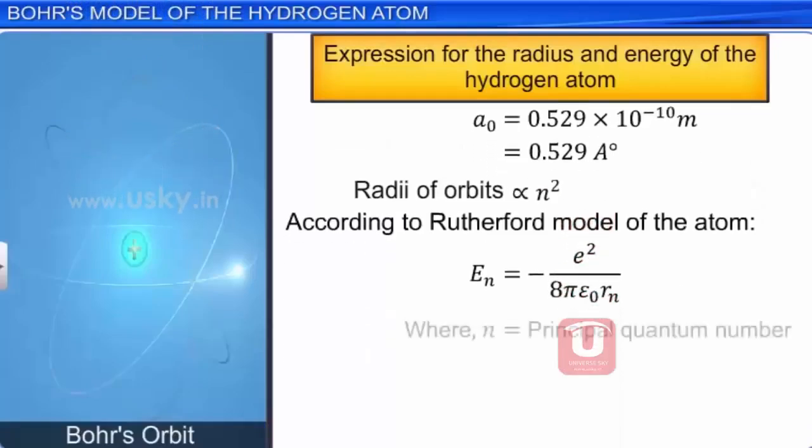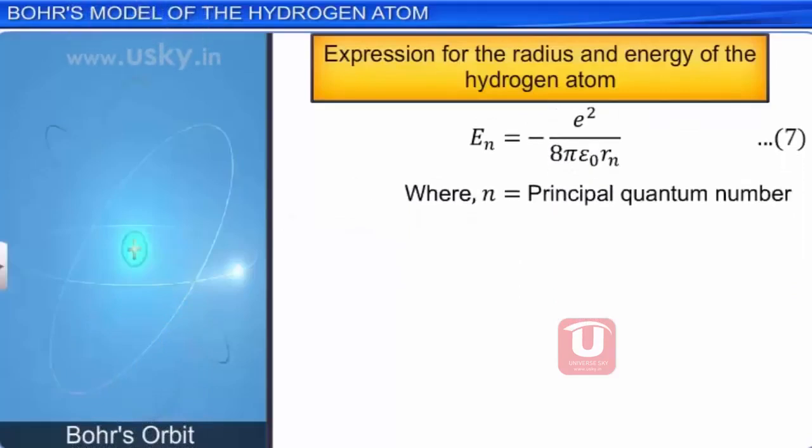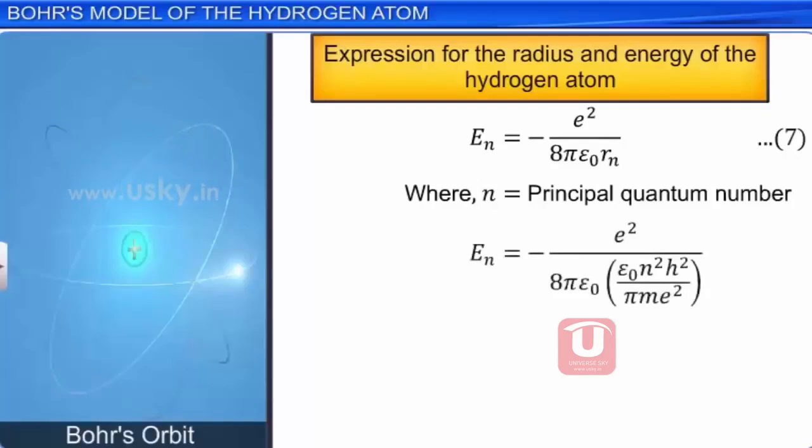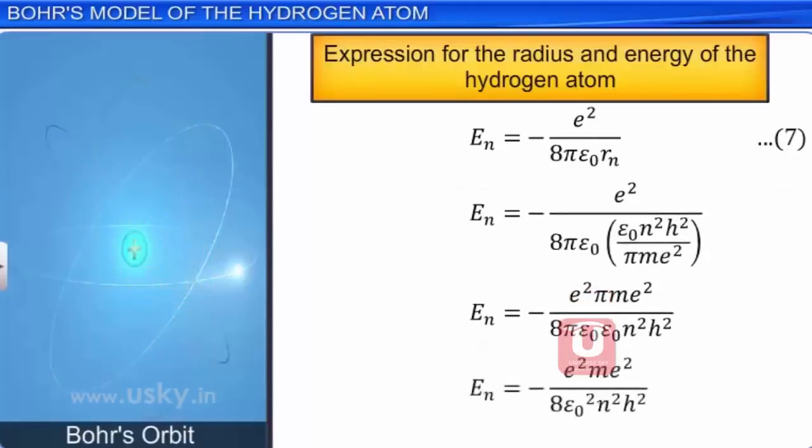Substituting the value of rn and simplifying, we get En is equal to minus m e to the power 4 by 8 n square h square epsilon naught square.